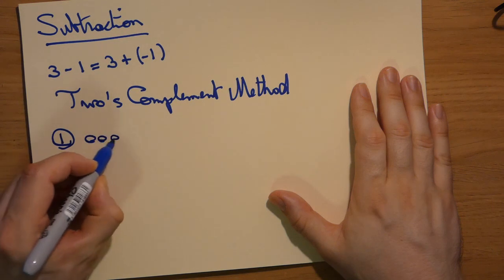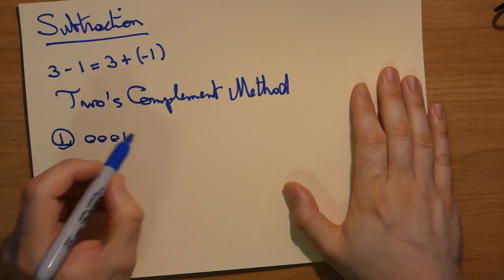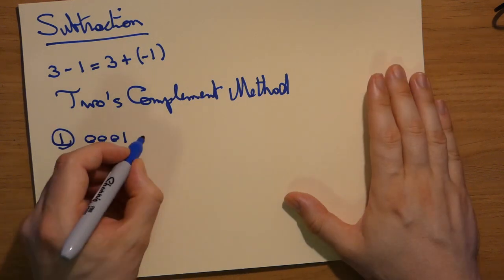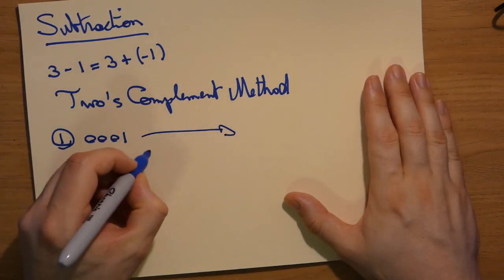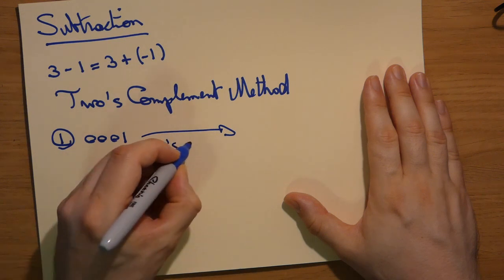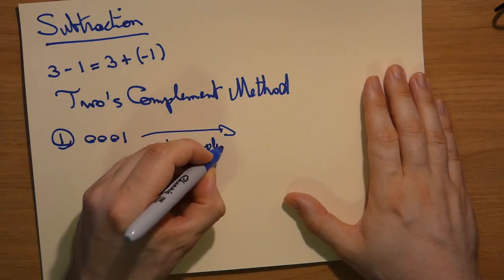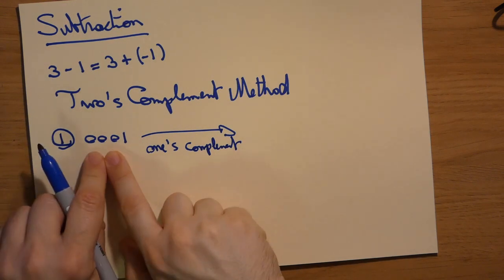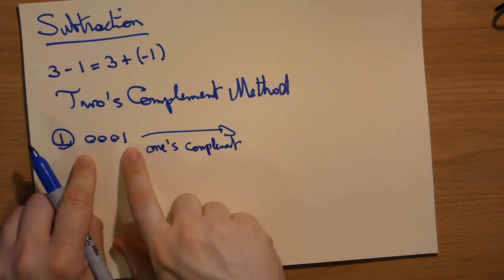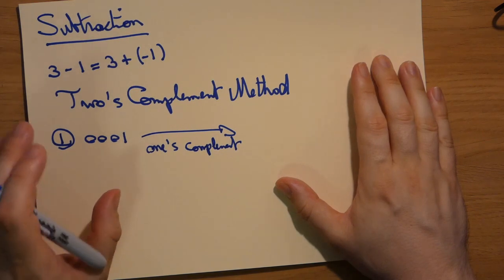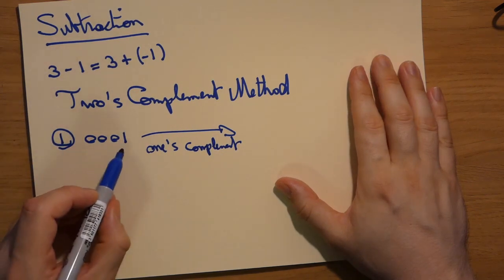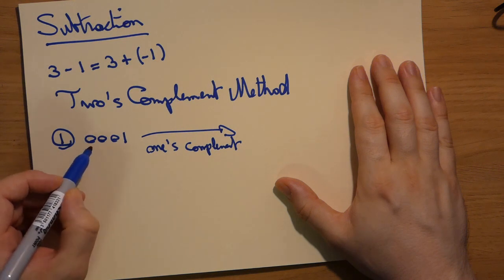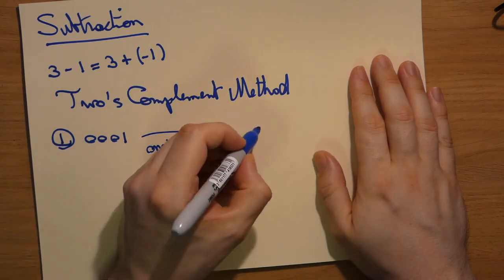So I have my 4-digit number. The first step is I take the 1's complement. To find the 1's complement, what I do is I flip the bits. Now, that doesn't mean anything dirty. Flipping the bits simply means that I turn the 0s into 1s and the 1s into 0s.